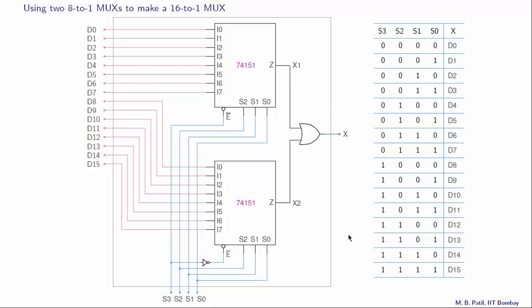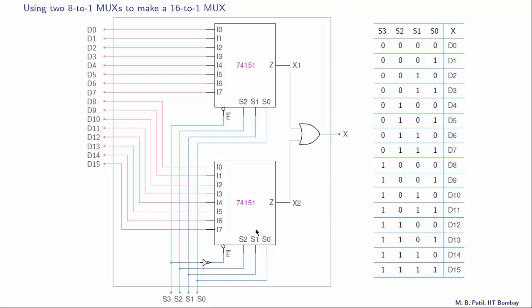Let us now pick one case from the second part of the table. Let's say this one. So what is S3? S3 is 1. So this IC is enabled, this one is not enabled, and x is equal to x2. Alright. And what are S2, S1, S0? We have 1, 1, 0.